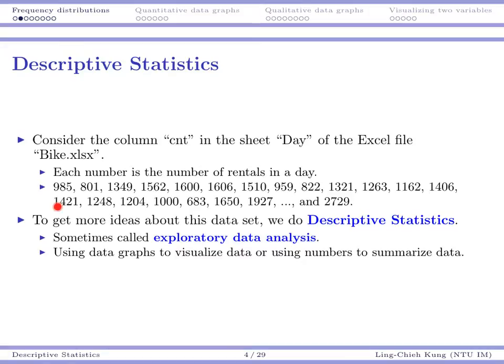For example, when you see a set of data like this, probably we want to know: are these numbers in an increasing trend, or are most of the numbers close to the center or not, something like that? We want to first get some basic ideas about this set of data. Then we do descriptive statistics.